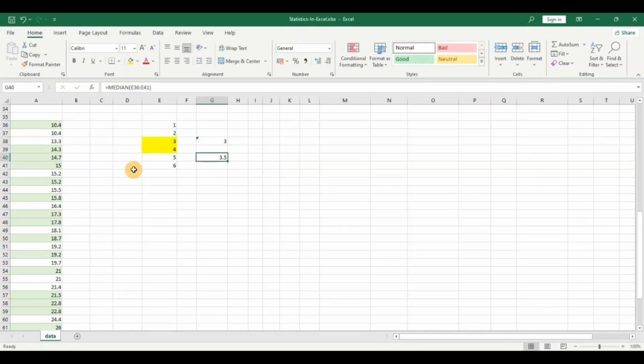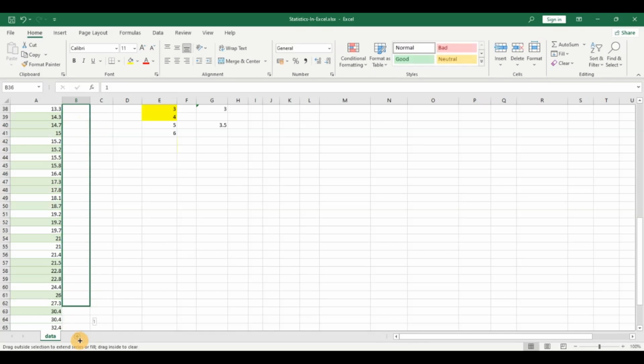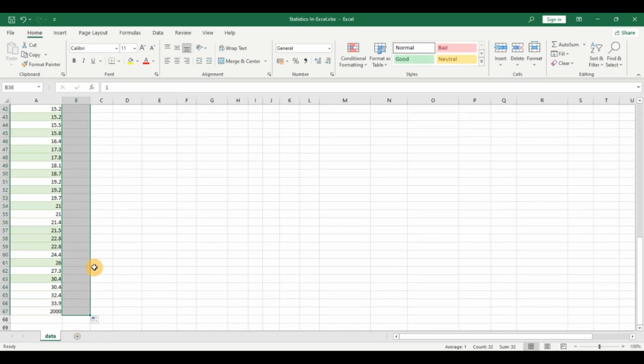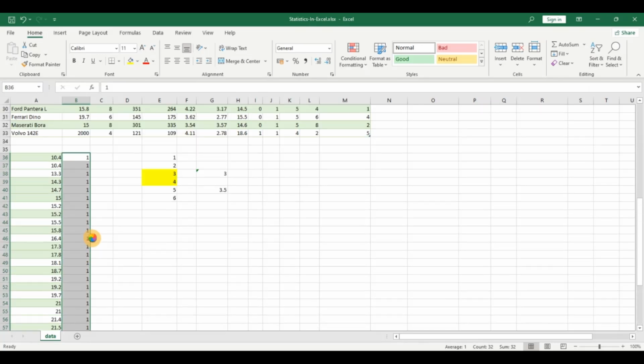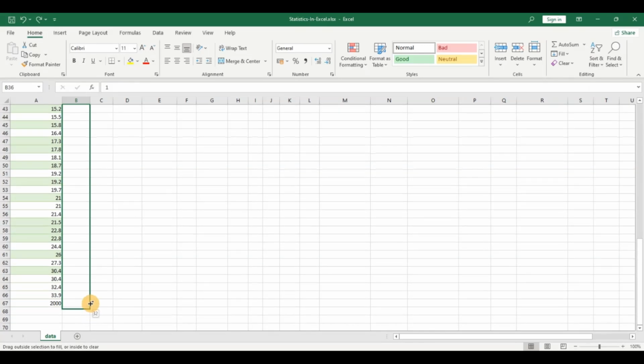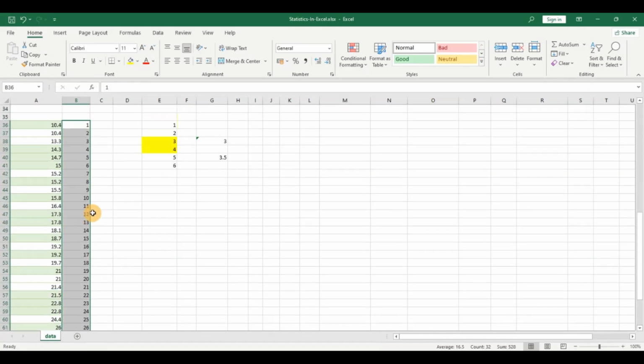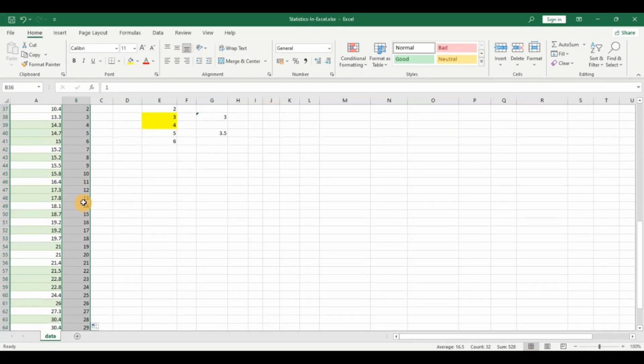Now let us take a look at this data. I'm going to add a counter here. You can see we have 32 values, and again this is an even data set, so the median value would be the 16th and the 17th value, that is n divided by 2 and n divided by 2 plus 1.